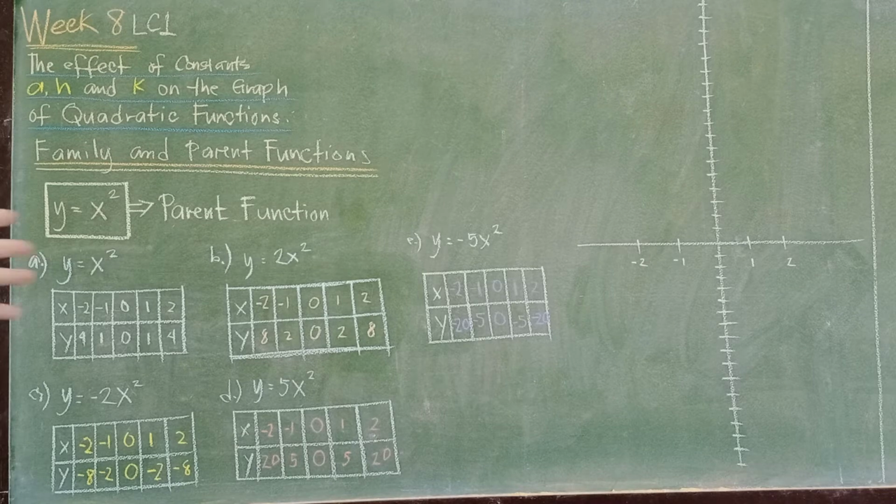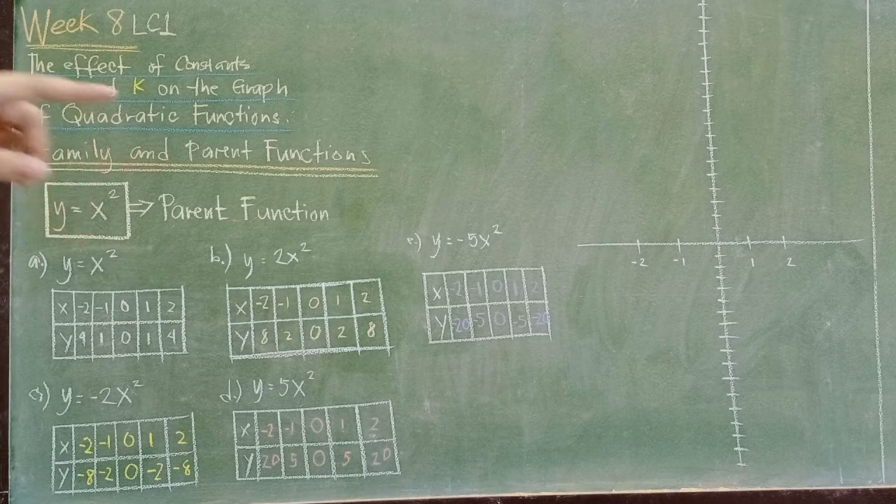Kasi masyadong madami yan. So, for letter a, y is equal to x squared, b, y is 2x squared, c is negative 2x squared, d is positive 5x squared, and then e is negative 5x squared. So, dito natin malalaman ano yung behavior ng graph kapag tinataasan natin yung value ng a or binababaan natin.